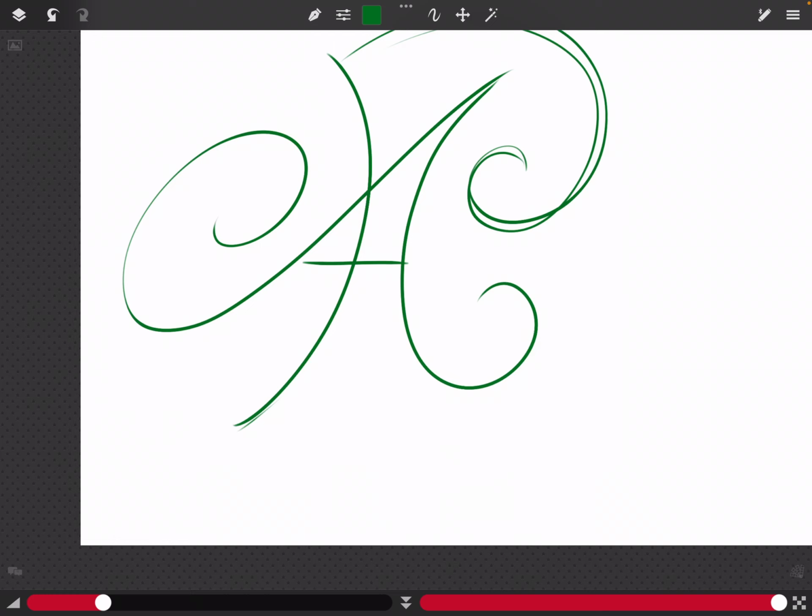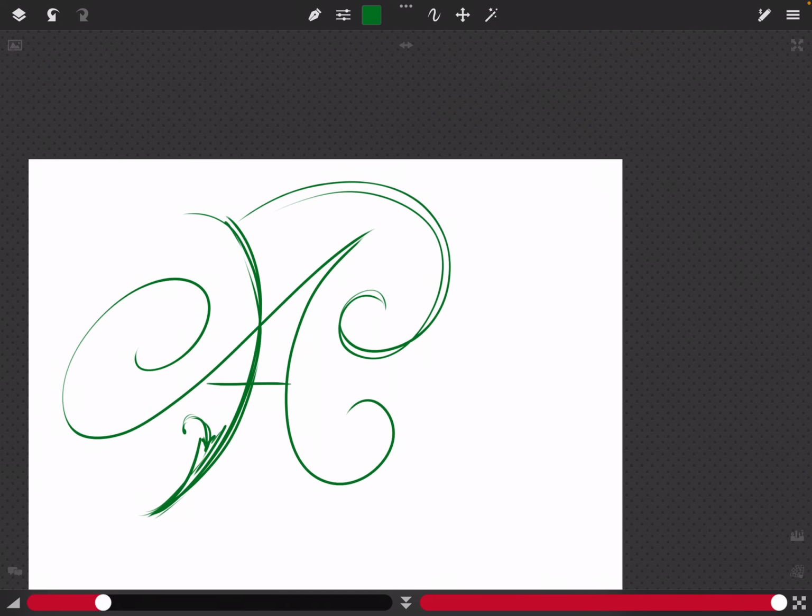Okay, so let's say we turn this into something sort of flowery. So there's a little sort of bud kind of a thing coming up here. Here's the thick part of the stem. For some reason, we have a little branching off going over here.